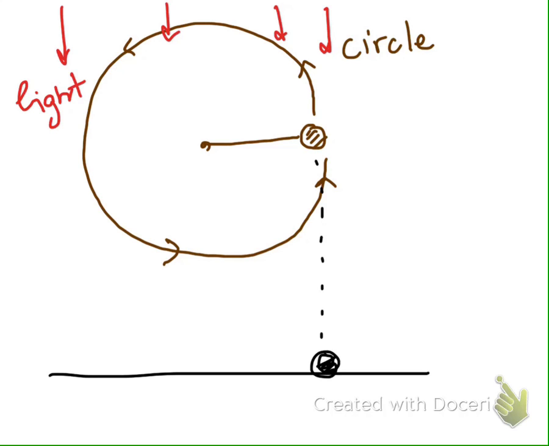Okay, if you look at the shadow of the object, what will you see when the object rotates in a circular path? Straight line. Yes, the straight line.